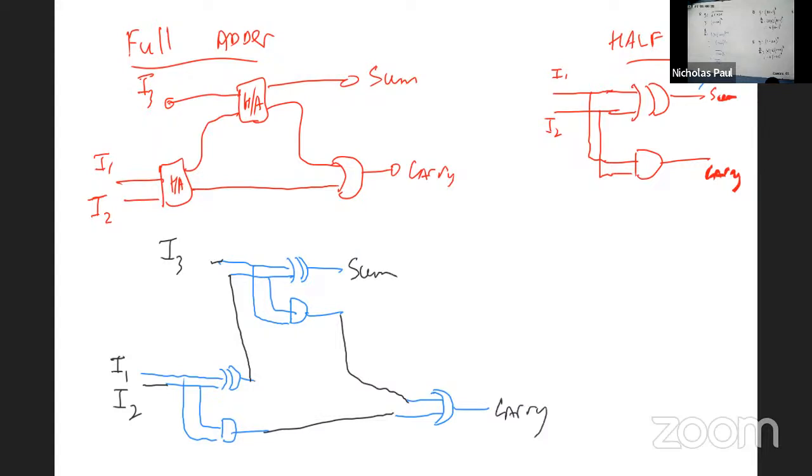Okay, so those are the connections that you'll make. So if you have to build a half adder circuit, that's what you'll do. You'll use those gates and build it. Sorry, a full adder circuit.